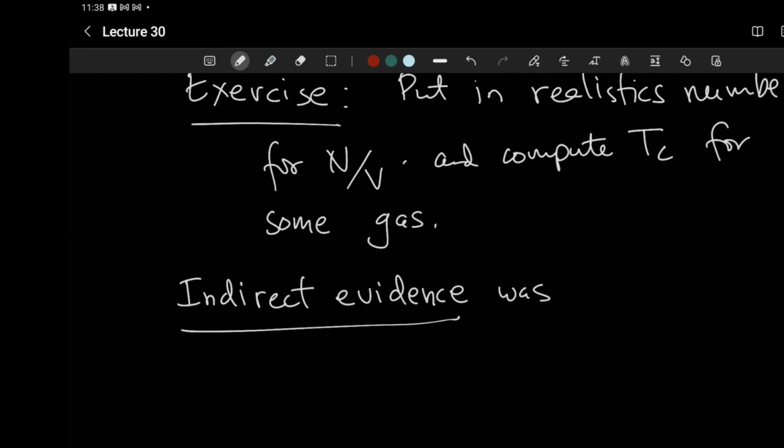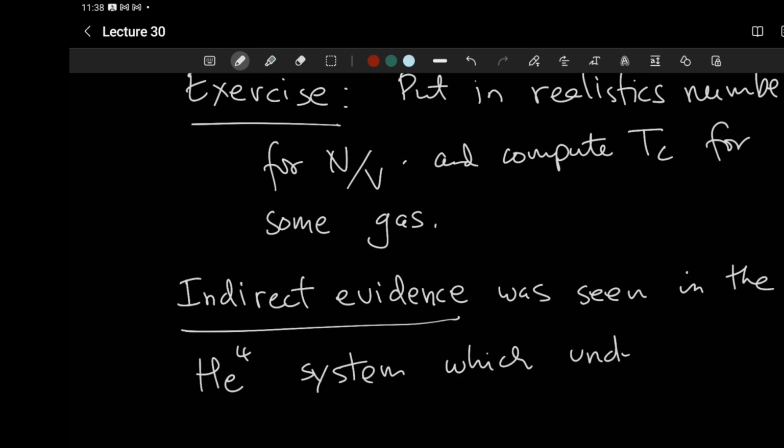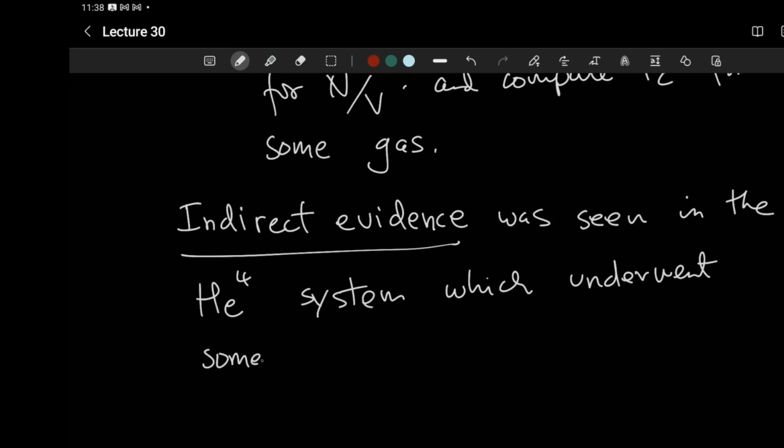It was seen in the helium-4 system. Okay, liquid helium-4 is a system of bosons, which underwent something called the lambda transition.